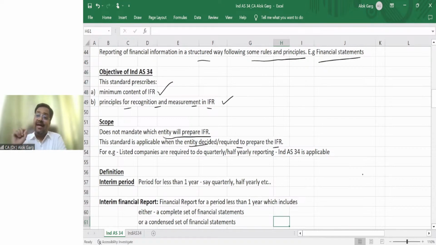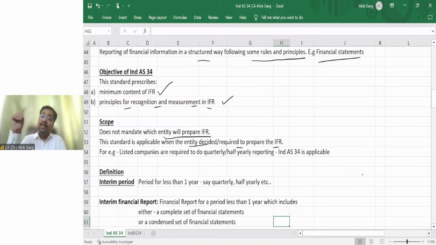But this company has decided to present the complete interim financial reporting on its website. In this case, when the company has decided, Ind AS 34 will be applicable on those financial statements.